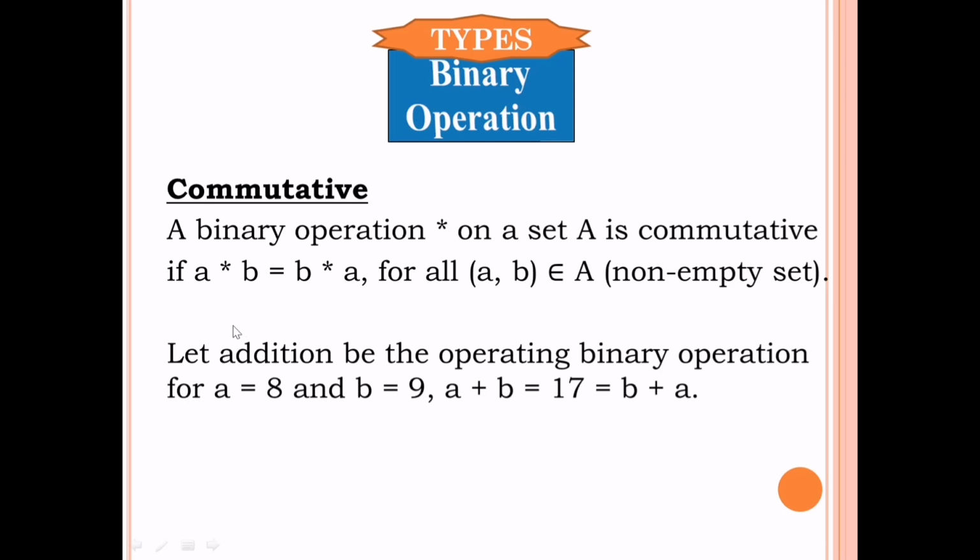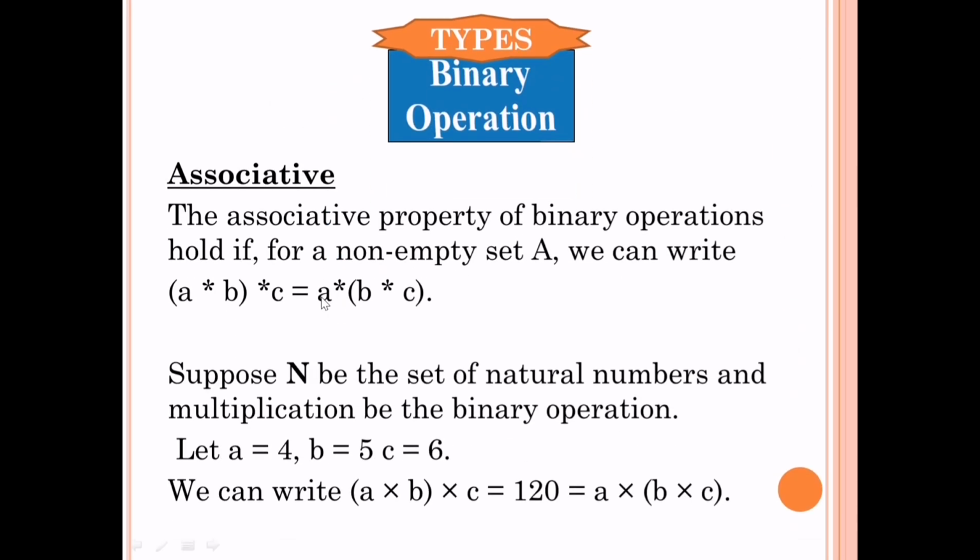Let us say this binary operation is addition, and assume that a equals 8 and b equals 9. When we add 8 plus 9 we get 17, and 9 plus 8 is also 17. Meaning, whether we rearrange the addends, we still get the same sum. That makes them commutative. Let's proceed.